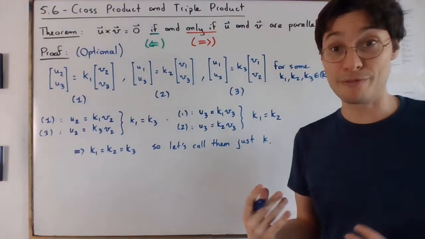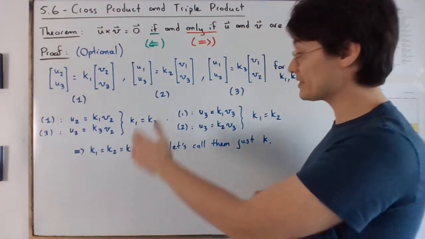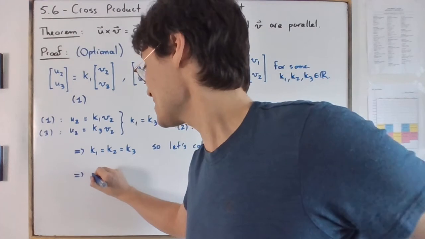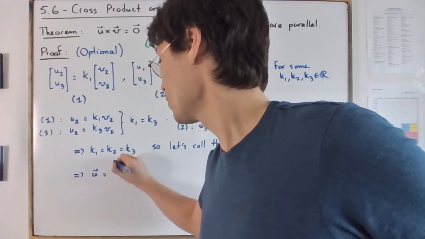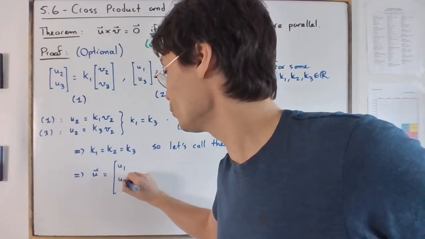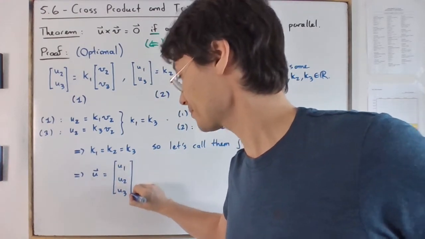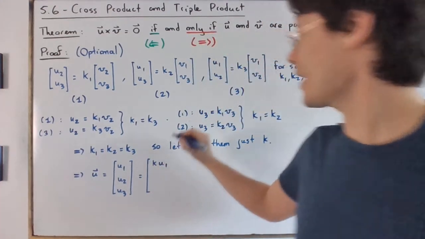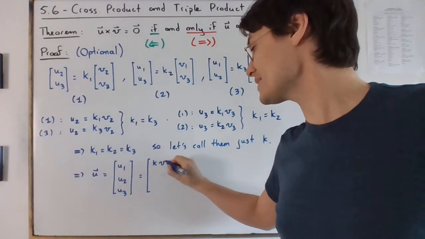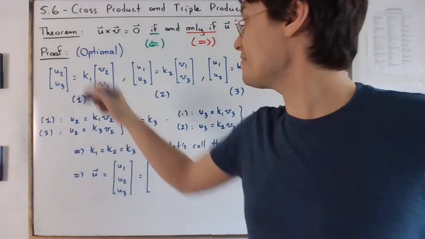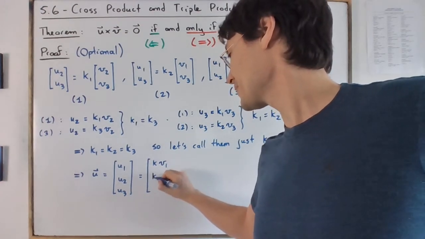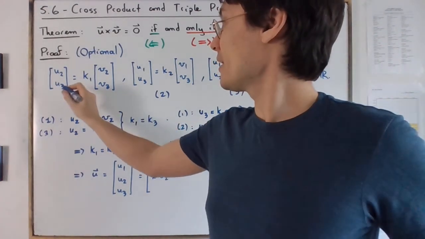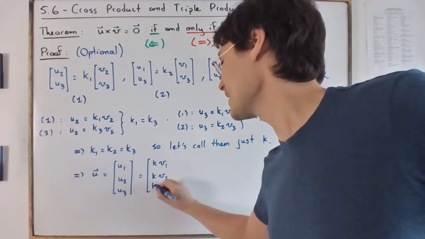Okay, what does it prove? Well, we can make a vector with U1, U2, U3, okay? So what it proves is that U, which is now the vector U1, U2, U3, will be equal to K V1 from equation 2, let's say. Then it's going to be equal to K V2 from equation 1. There you go. And now finally, K V3 from equation 1 again, let's say.